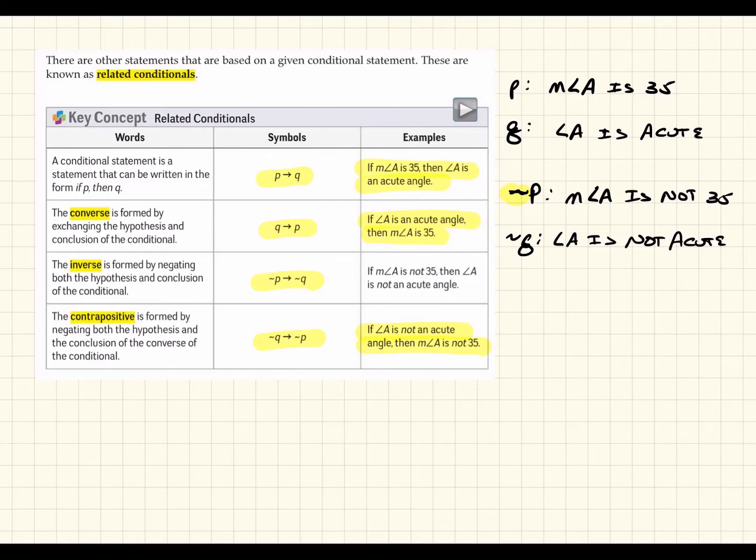This is something that we're going to look at more in class, how conditionals, converses and inverses work, and how conditionals and their contrapositives work. Generally speaking, if a conditional is true, then the converse is not necessarily true, however, the contrapositive will probably be true. But we have to evaluate those on their own merits.